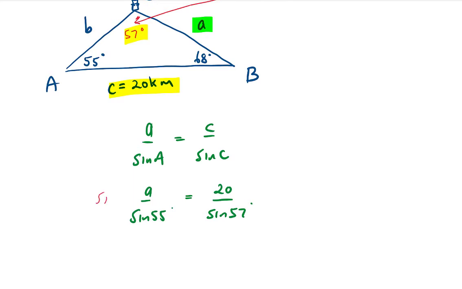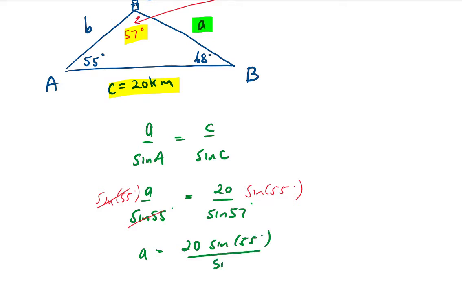Next step, let's solve for A by getting rid of the sine 55 from the left side, which means I need to multiply both sides by sine 55. Now I know that A is equal to 20 times sine 55 over sine 57.